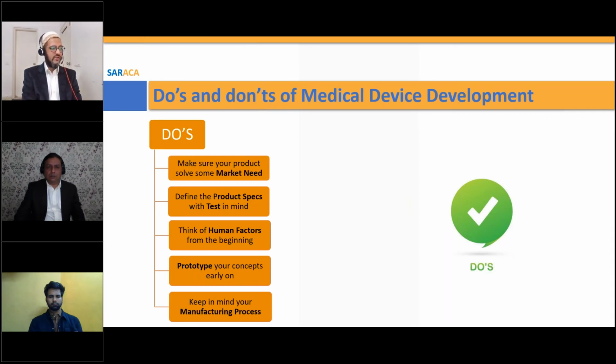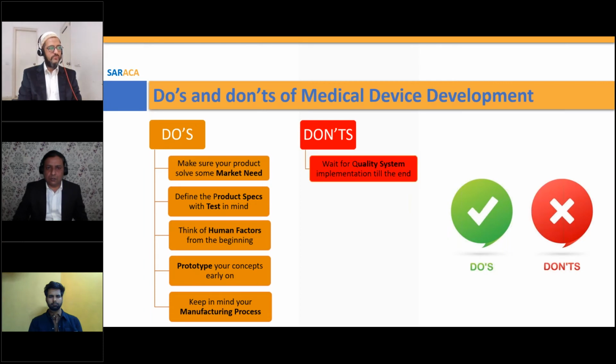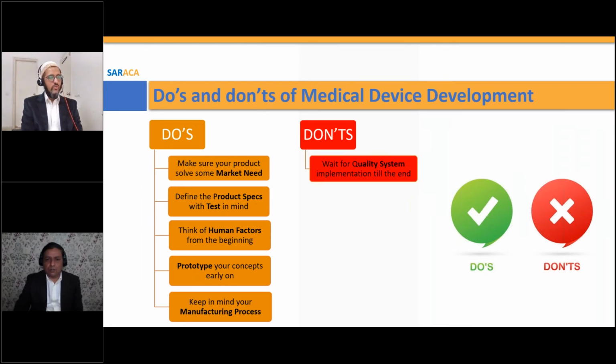cost deciding factors. So keep the manufacturing process in mind. Now let's have a look at some things which you should avoid. One thing is, don't wait for quality system implementation till the end. Like Kuldeep also pointed out, nowadays it's very rigorous.